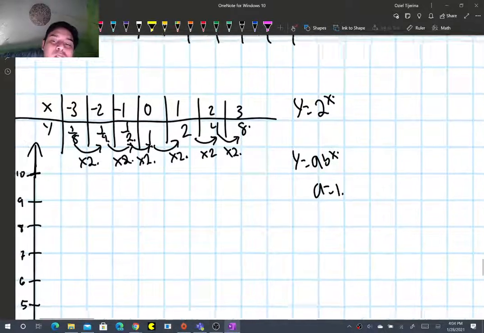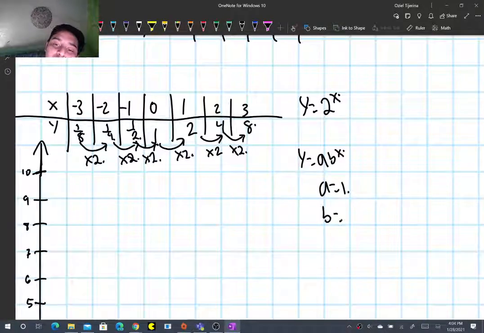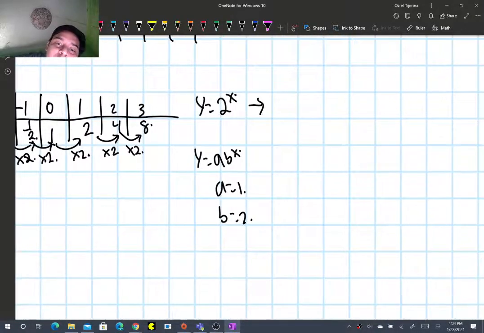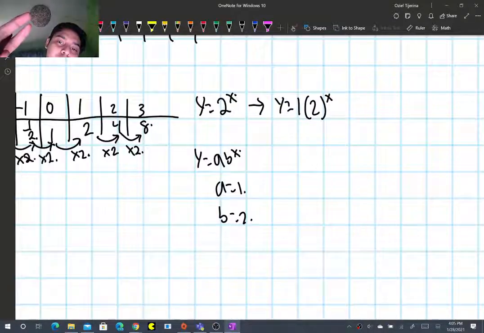So basically a equals 1, b equals 2, so I can say that this is the same as saying y equals 1 times 2 to the x power.